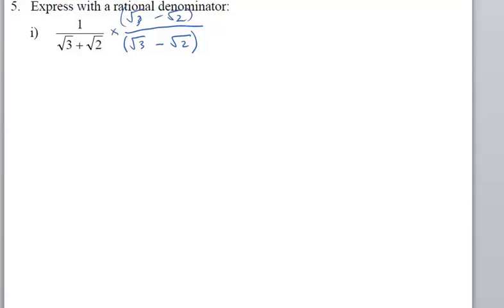So if we go through this, square root of 3 multiplied by square root of 3 gives us 3. Square root of 3 multiplied by negative square root of 2 here gives us negative square root of 6. 2 square root of 2 multiplied by square root of 3 is positive square root of 6. So with these different signs, they cancel each other out.